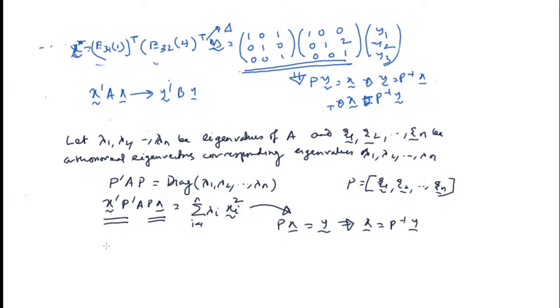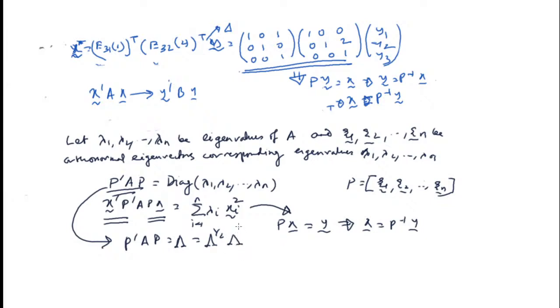And from this, if A is a positive definite matrix, then all lambdas are greater than 0, and we denote this diagonal matrix by capital lambda.